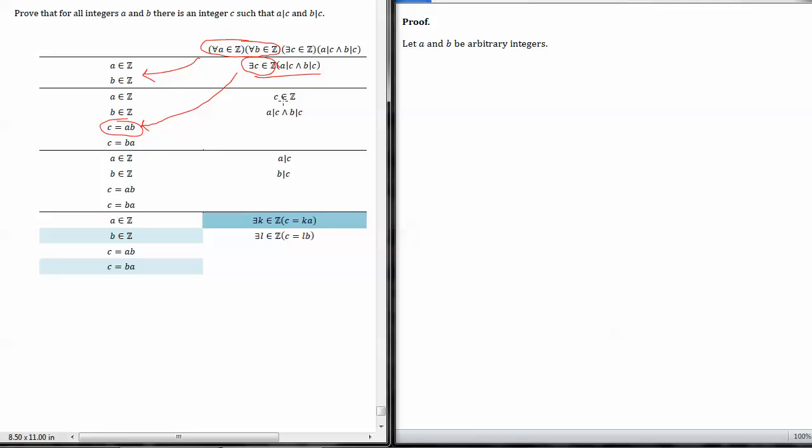And we were immediately able to get this goal from these three givens, which left us with that goal. Okay, so let's add that in here. I'll say let c equal ab, which is an integer, and making note of this goal being satisfied. And it remains to show that a divides c and b divides c.